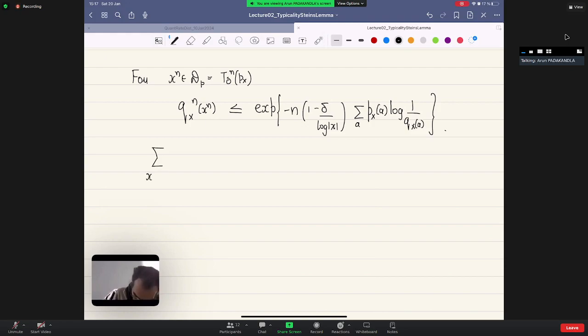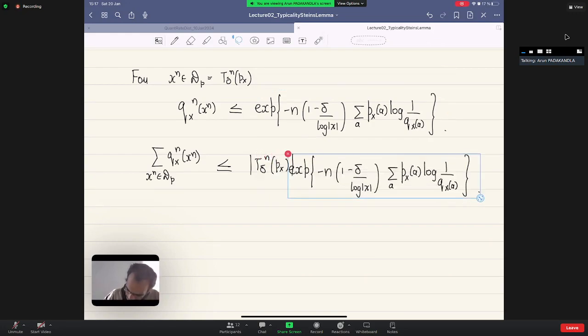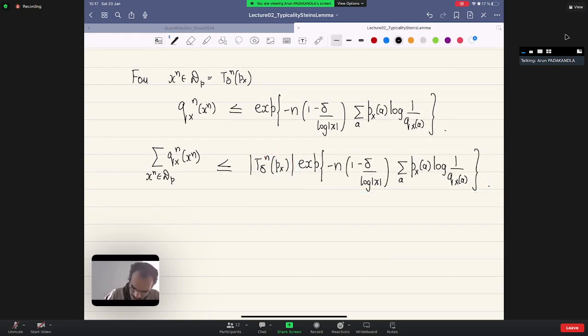Now, what do I want? I want this, right? The probability that I'll end up in some sequence in which I design. So this is less than or equal to the sum over T delta n px of this object. Each fellow is at most so much, and there are so many of them, so I can't have too many.